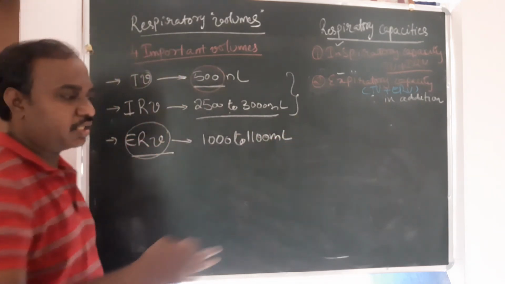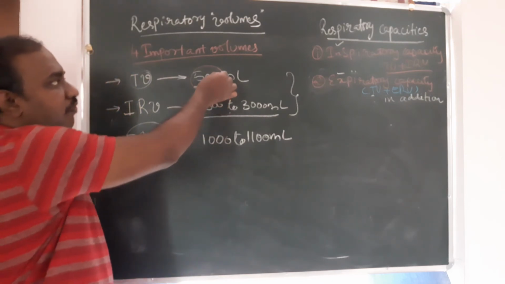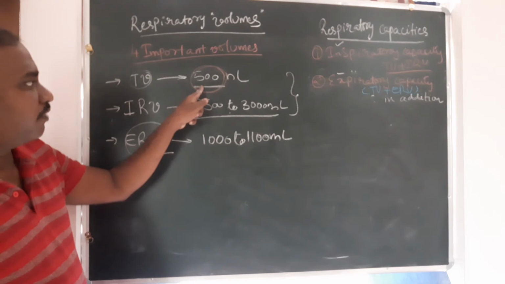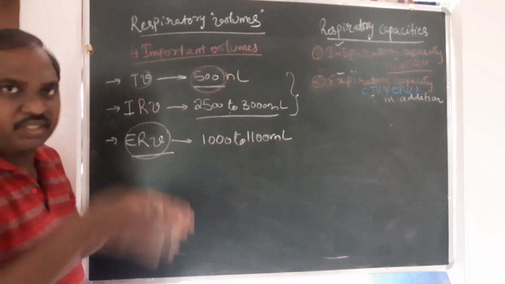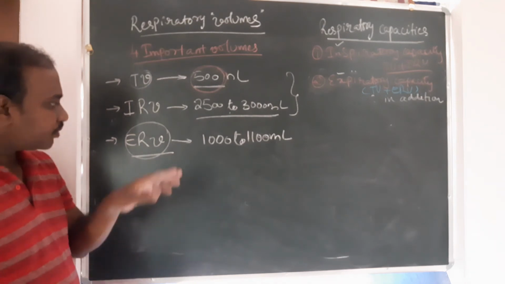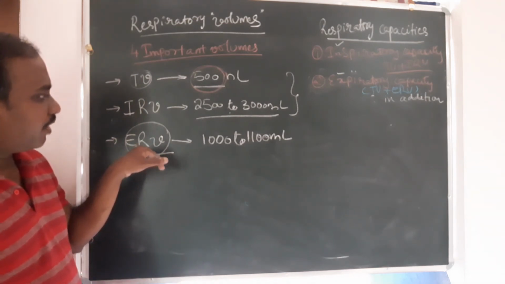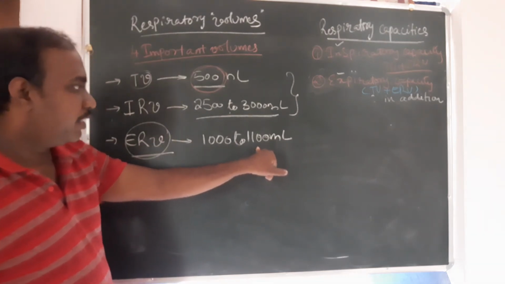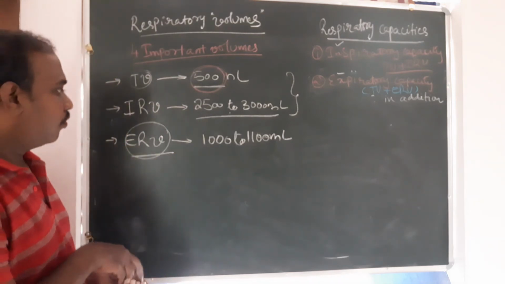I'm going to present that one more time in a graphical pattern. So please do remember both of these values. Inspiratory value is 500 ml, expiratory value is 500 ml, but we are not taking 1000 here because of the same pathway that we have. Okay, so how much of the value here? 1000 to 1100 ml is the expiratory reserve value.